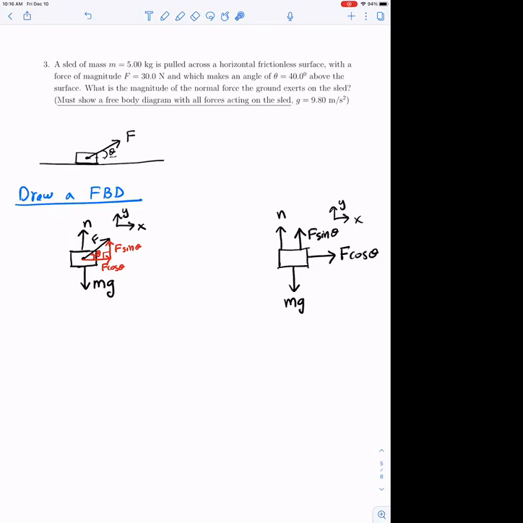So now that I have a free body diagram, I will apply Newton's second law, which says, as a vector equation, that the net force on an object is equal to its mass times acceleration.